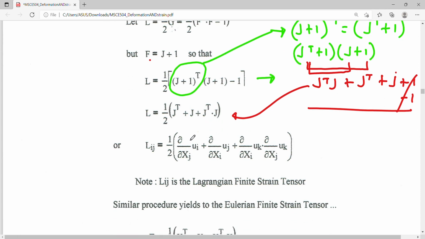Okay, which is simply equivalent to defining again what is J. J is simply the displacement gradient in the material. Okay, so J is the material displacement gradient. When you say gradient, it's simply a slope. Okay, so this is just a derivative.